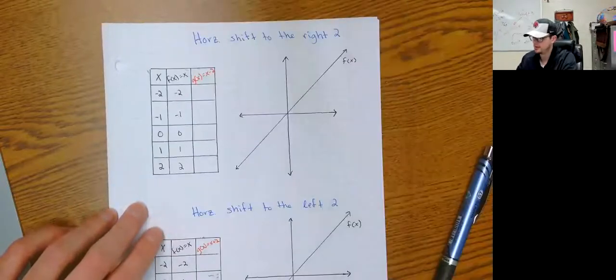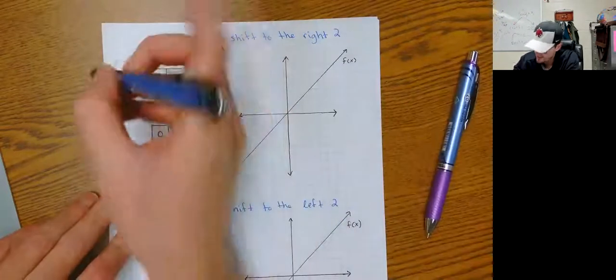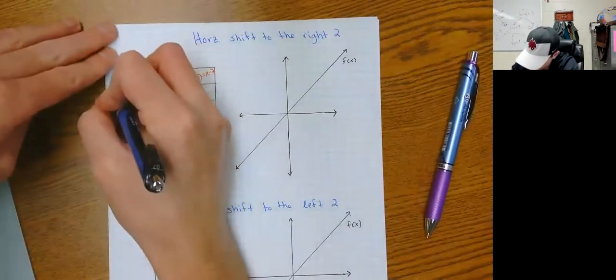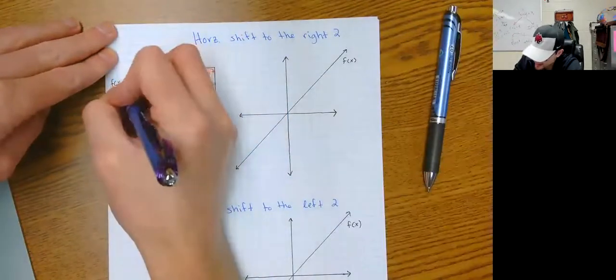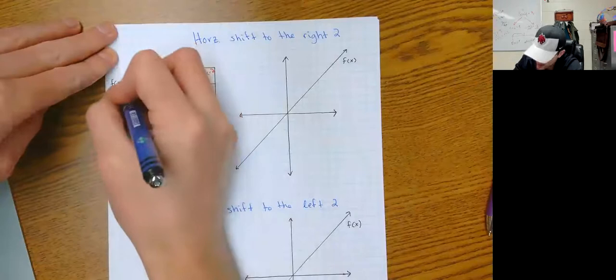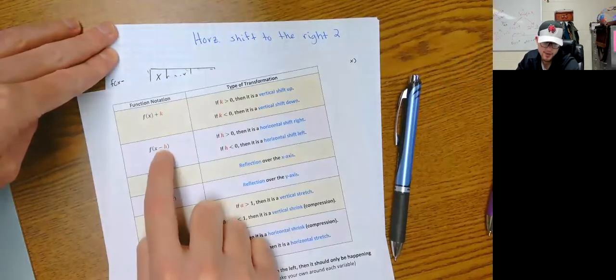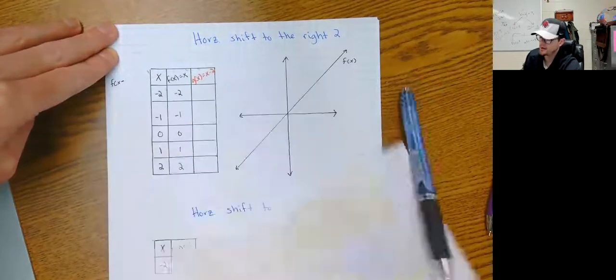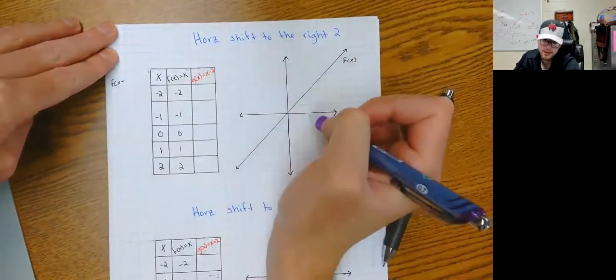So let's go here and do this. So we have f of x, but in this case to the right, and it's always minus, always minus. See how I did not highlight the minus red? X minus is always minus when you're shifting left or right. And in this case, we are going to subtract a positive 2 because we want to go to the right 2.